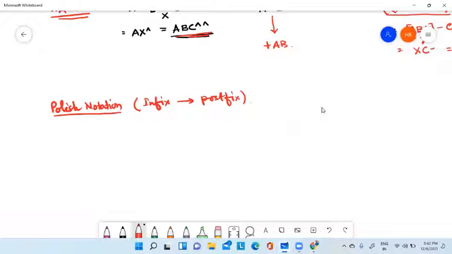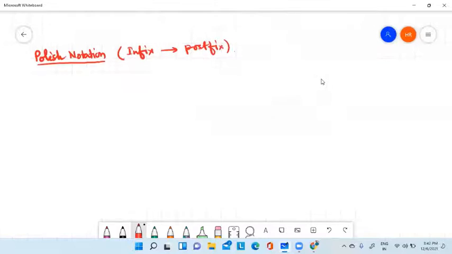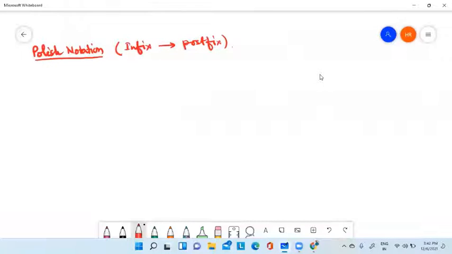Okay, so what are the steps? The first step is the input and output. Remember, in any algorithm you have to write the input and the output. The input is one given infix expression.